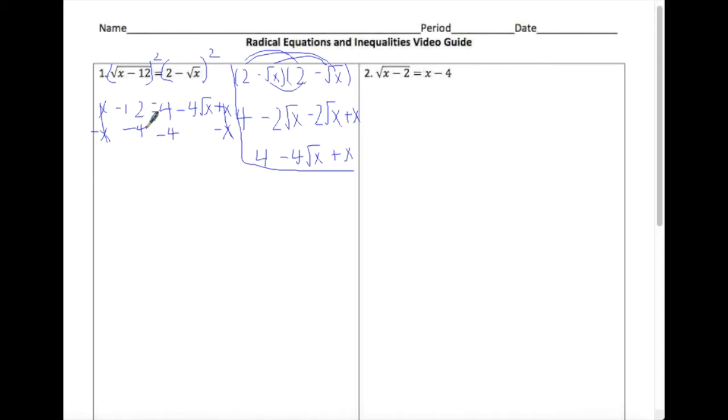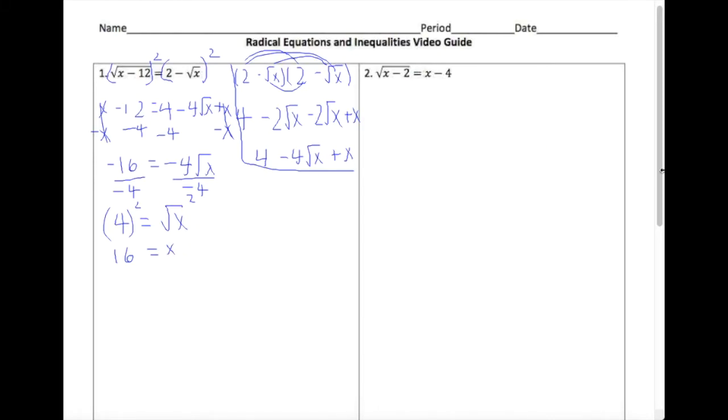So now I have negative 16 equals negative 4 root x. And I can divide both sides by negative 4. And we get 4 equals the square root of x. And then we square both sides. So we get 16 equals x.